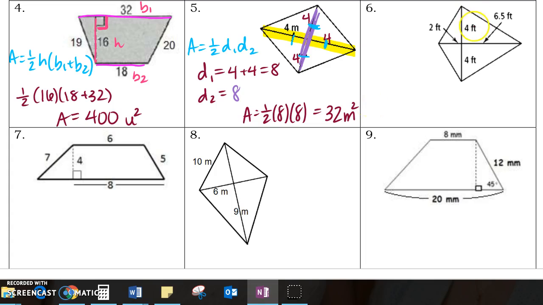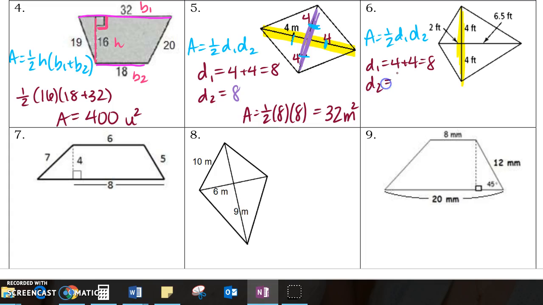Okay, next one we have a kite. So it's our same equation as we used for number 5, 1/2 diagonal 1 times diagonal 2. So this time finding our diagonals is a little more tricky, but it's still the same process. Let's say we call this one diagonal 1, and again, it doesn't matter which one we call 1 or 2, but this one will have 4 plus 4, giving us 8.